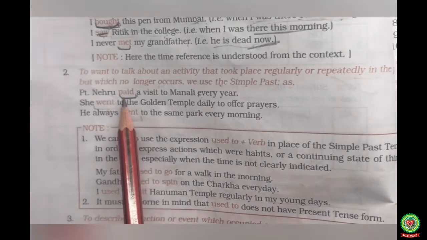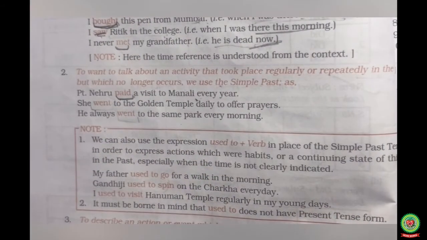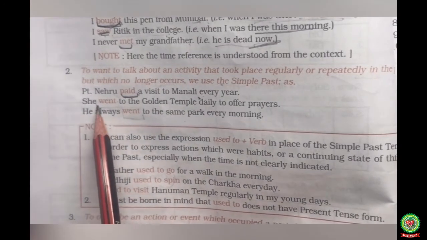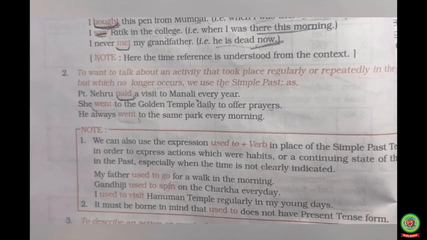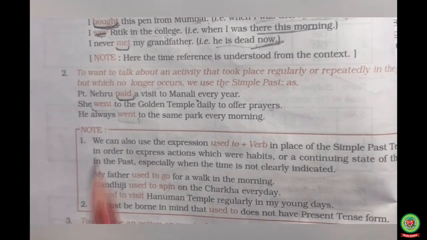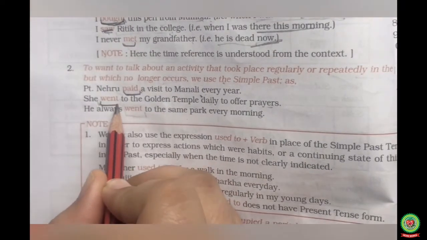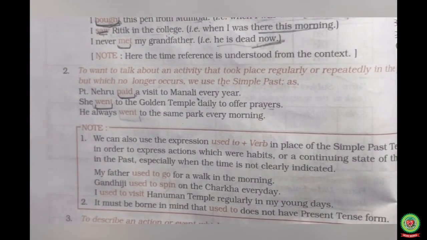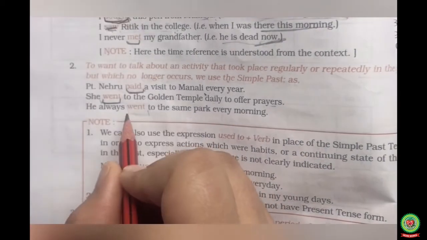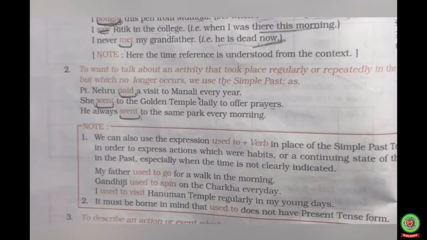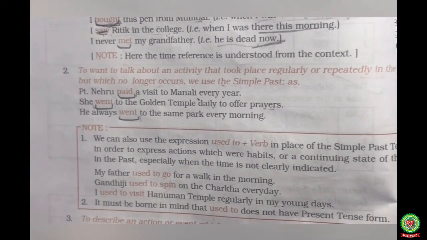So we have to use the simple past form. Regular basis, he told, no? She went to Golden Temple daily to offer prayers. Means in earlier days she used to go to the Golden Temple. So this was her regular, daily habit. So we are going to use the simple past form. And he always went to the same park every morning. This was his regular daily activity. Went will come. Fine children.